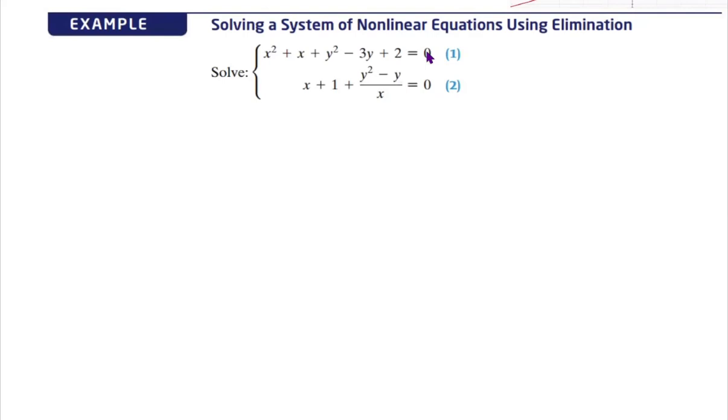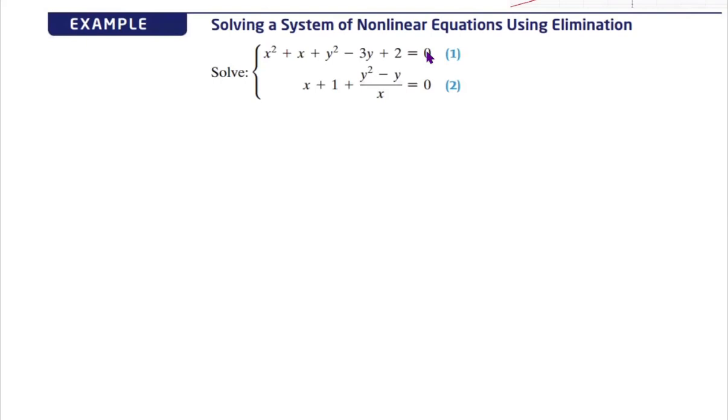All right, so let's multiply equation 1 by 2 and add the result to equation 2 to eliminate one variable. Well, we can eliminate any variable, but multiplying equation 1 by 2 and adding it with equation 2 will eliminate the y squared, right? So let's go ahead and do that.